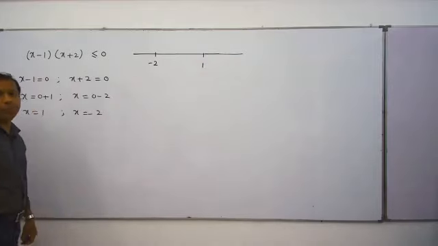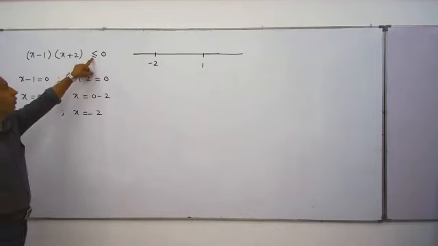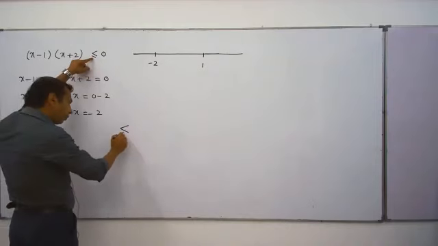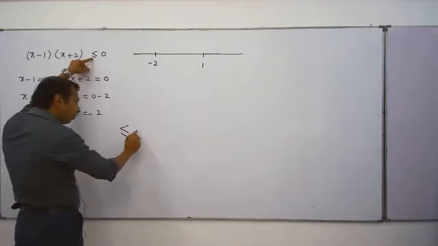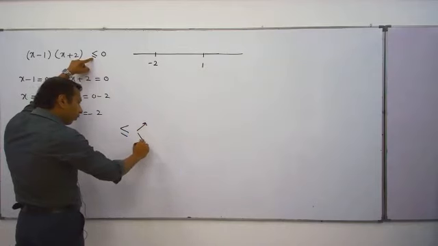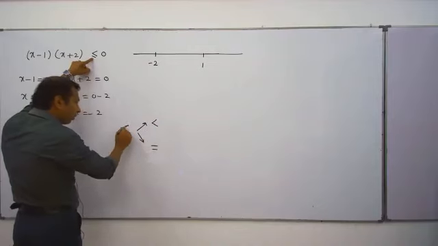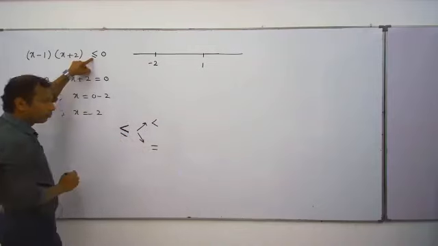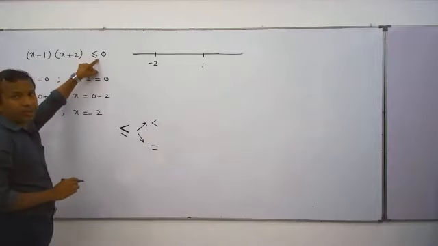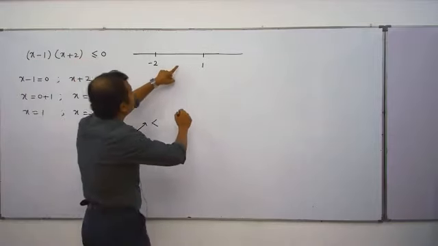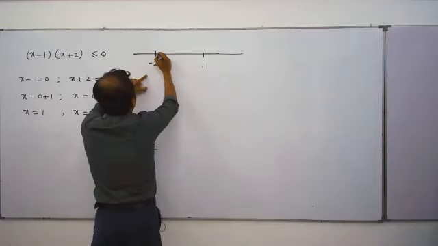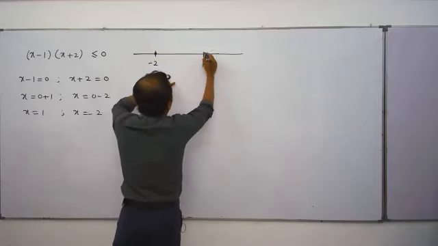Now, here we have an equal sign. This means there are two signs in it: one is the less than sign, the other is the equal sign together with it. This is called less than or equal to. Since we have the equal sign, both these marked values we have to take.